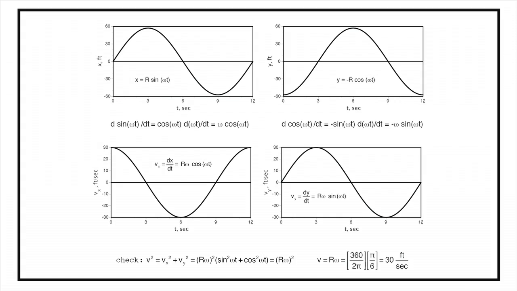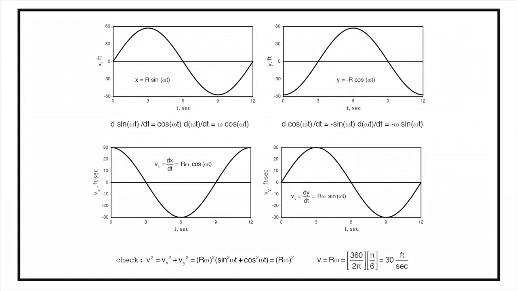So whenever you see the derivative of a sine of omega t with respect to t, you can replace that by omega times the cosine of omega t, according to the mathematical handbooks. Similarly, if you take the derivative of the cosine of omega t with respect to t, you get minus omega times the sine of omega t, again according to the handbooks. So we'll use those expressions, and we plotted those in the bottom two panels.